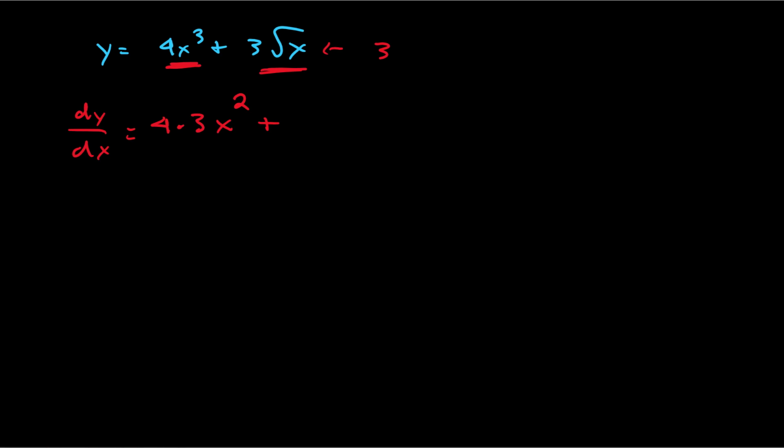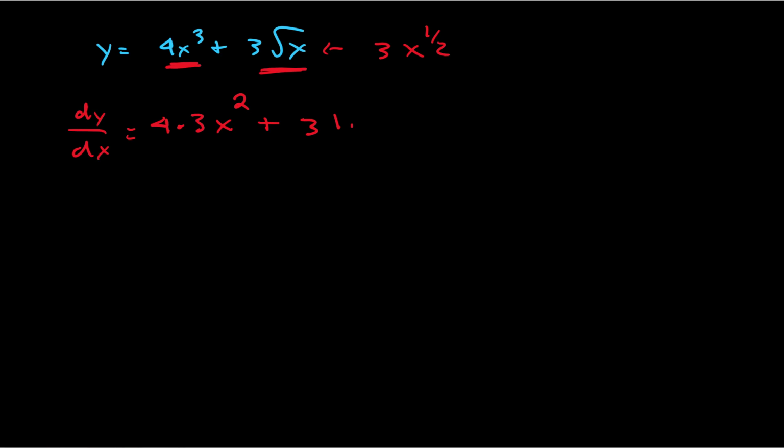Suppose I had y equals 4x cubed plus 3 square root of x. Then dy by dx is, we just take the derivative of each of these. So we'll have 4 times 3x, and then 3 minus 1 is 2, plus here, this is 3x to the 1/2.